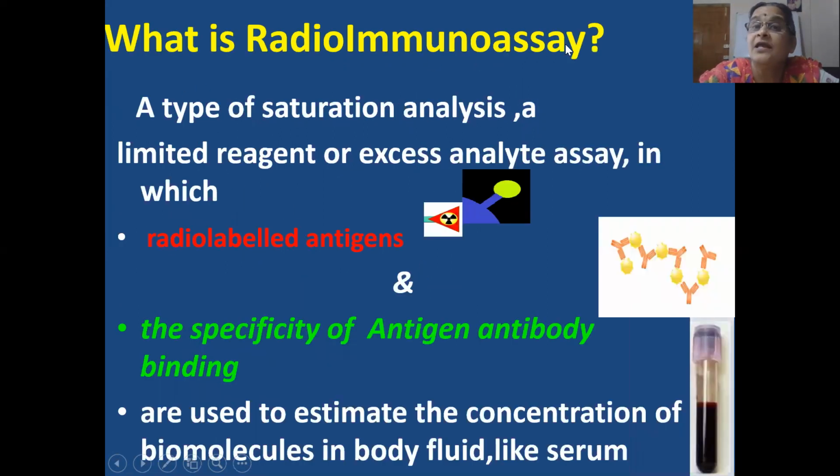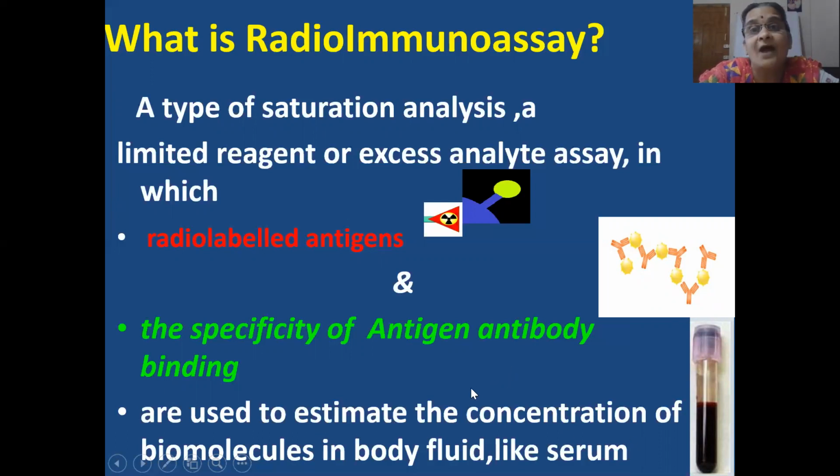Now, what is radioimmunoassay? It is a type of saturation analysis, a limited reagent or excess analyte assay, in which radio-labeled antigens and the specificity of antigen-antibody binding are used to estimate the concentration of biomolecules in body fluid like serum.